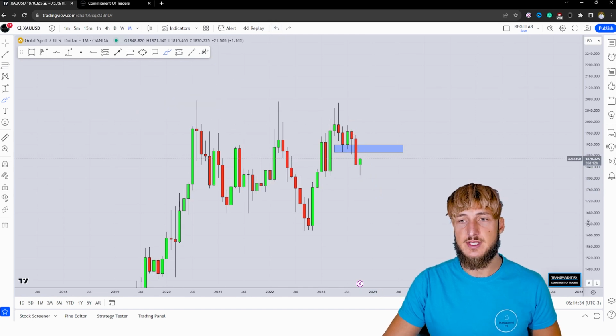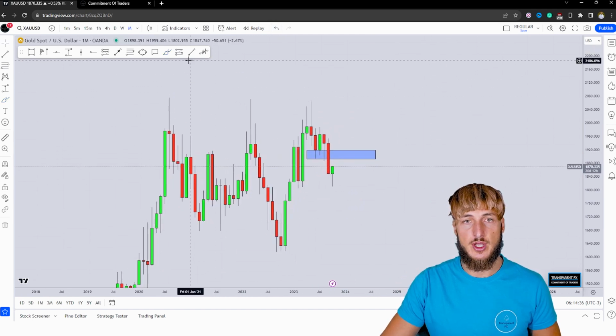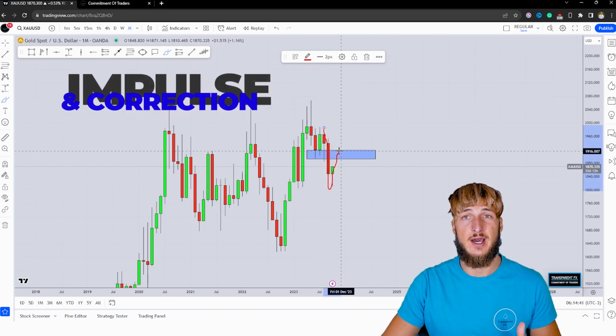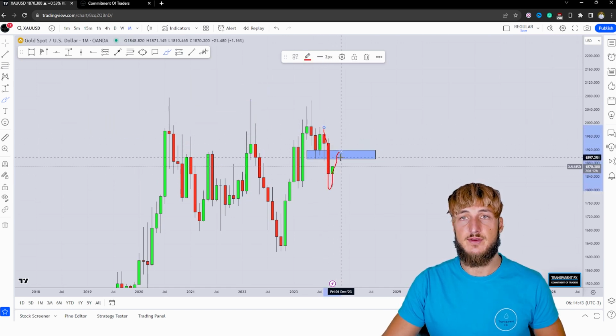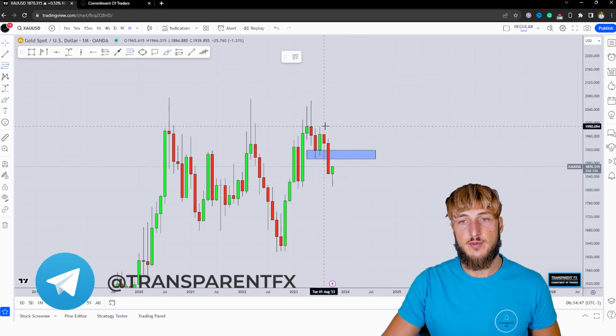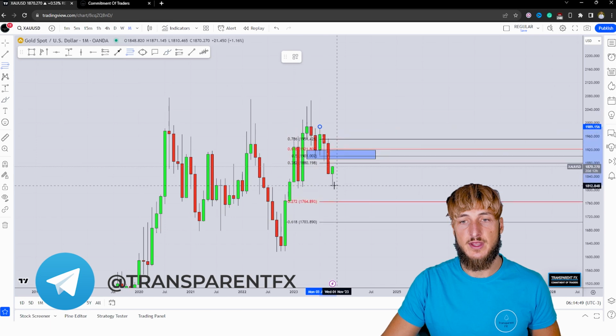What we can also notice is that from a pattern standpoint, we actually have an impulse and the start of this correction. Now, in general, after an impulse, if you want to measure the correction, what you have to do is take your Fibonacci from the high to the low of the impulse leg.